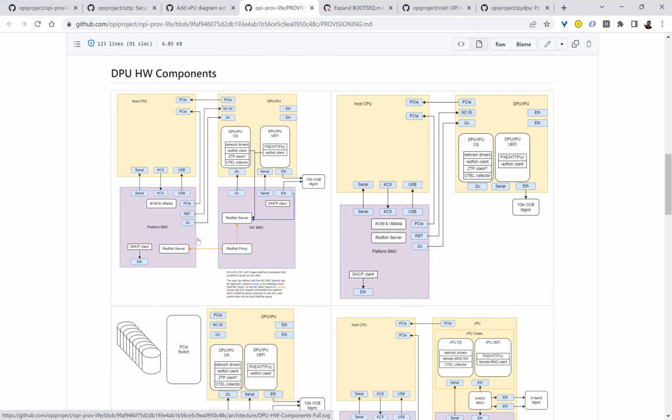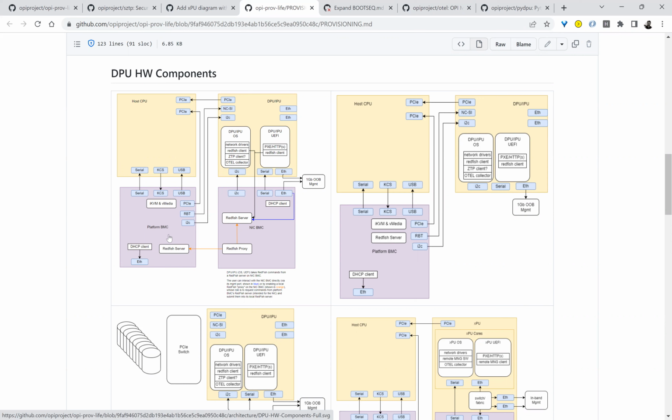Yeah, I see where he's coming from, Boris, because NCSI could either be going to the ARM cores, or it could be going directly to the BMC, or in some case, yeah. So where do you want to place that? Is that another optional component? Yeah, I would have this on the same diagram. I would mention that NCSI could potentially be going depending on the vendor.